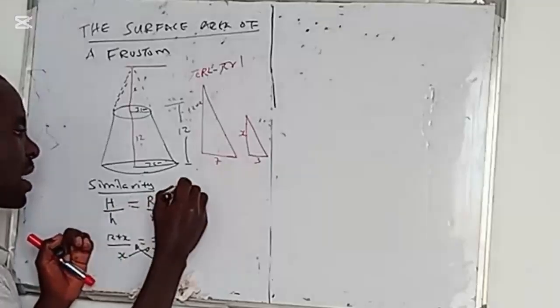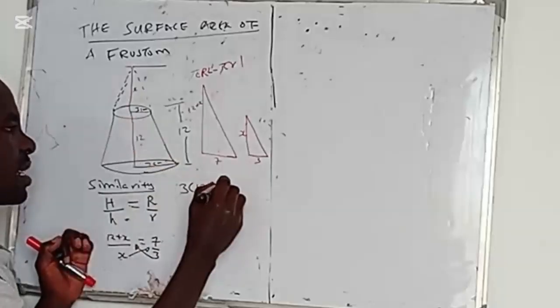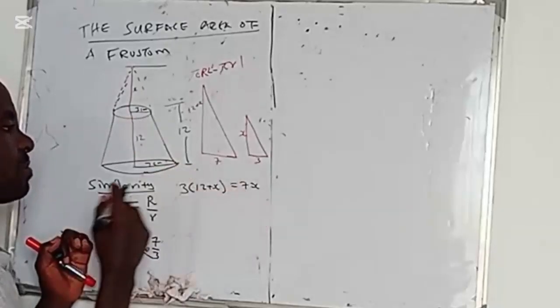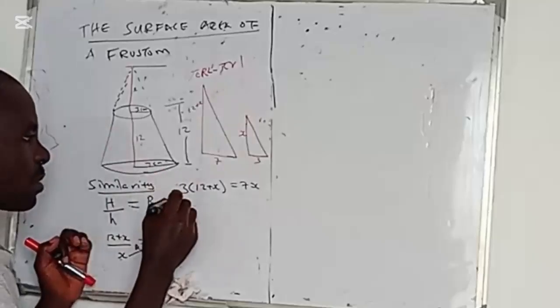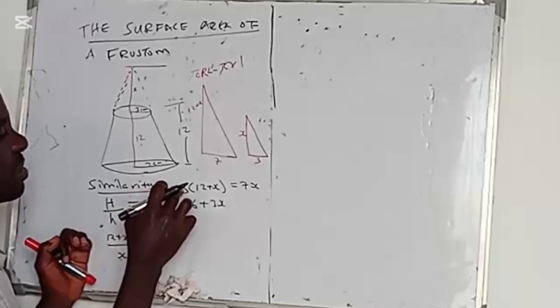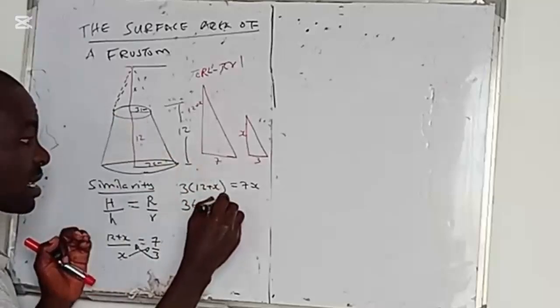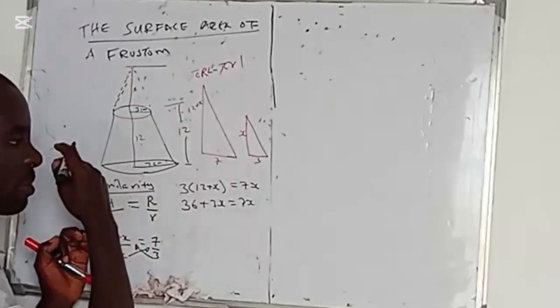When you cross multiply, we have 3 multiplied by 12 plus x, and this is 7 times x. When we open the bracket, we get 36 plus 3x, because 3 times 12 is 36 and 3 times x is 3x, equals 7x.